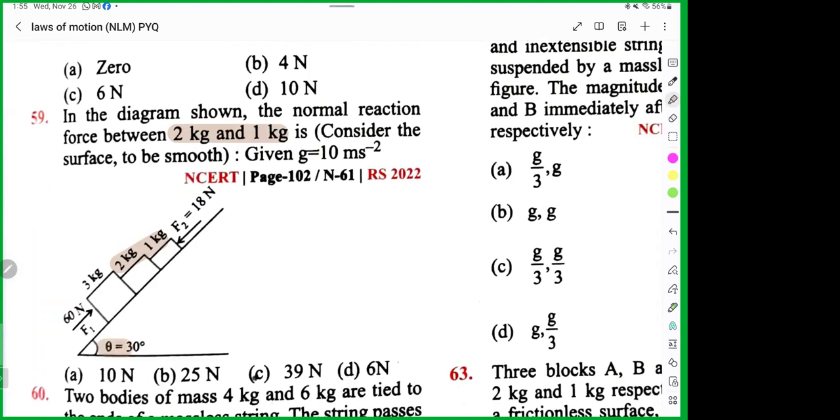If this is theta, then you know this will have mg, correct? And this part will be mg sin theta. This part will be mg cos theta, right? Same here. mg sin theta, cos theta, same here. That is the difference. Understood my point?